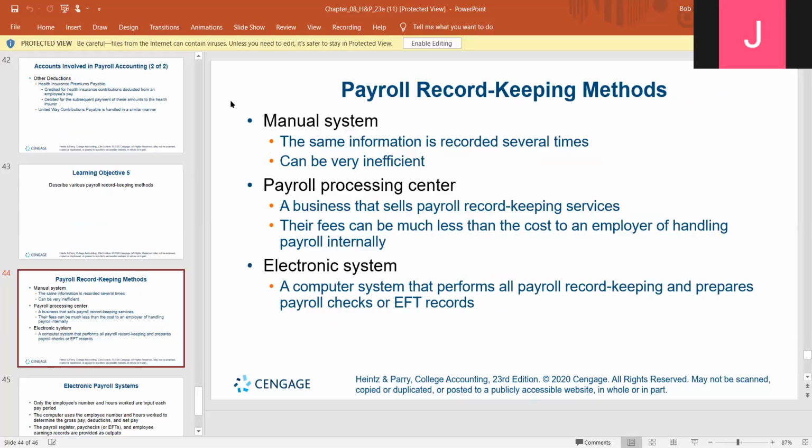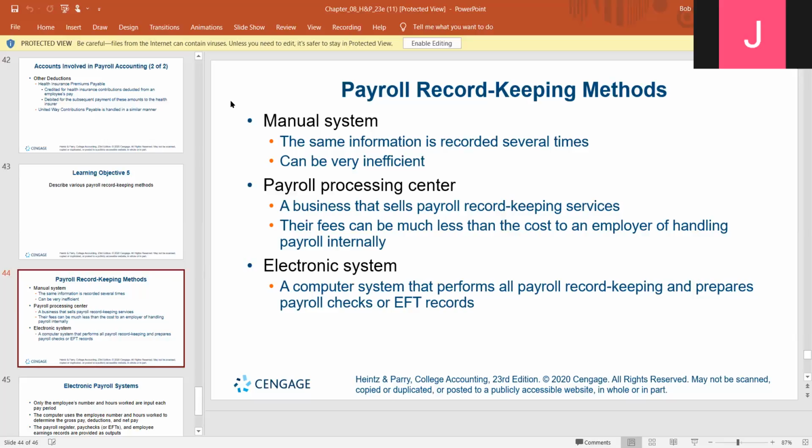It's a requirement. If you run a business, you have to have good payroll records. Many companies farm it out to companies like ADP, Paychecks, and some of the others. You're still responsible for it. You're still responsible for entering the information, and you're responsible for monitoring the registers that everything is okay.